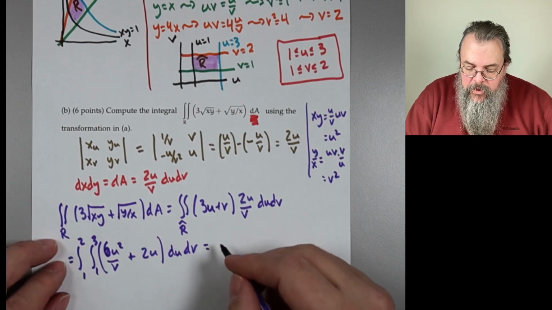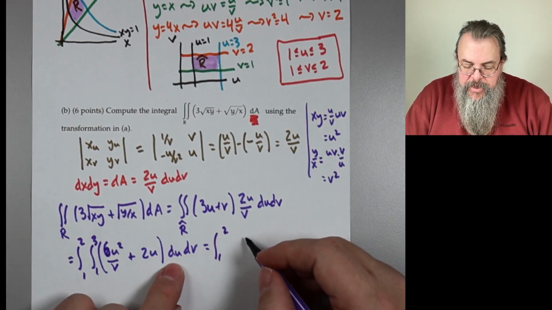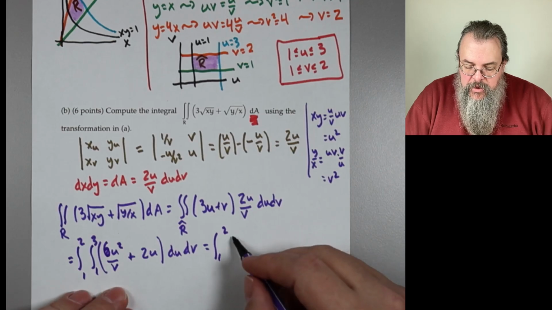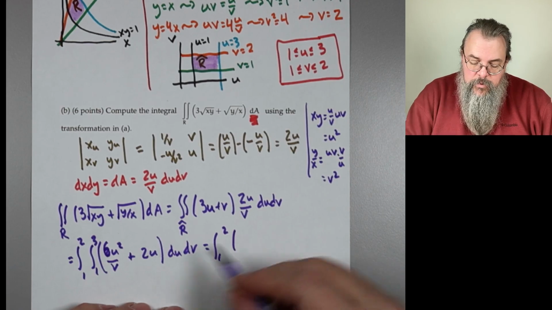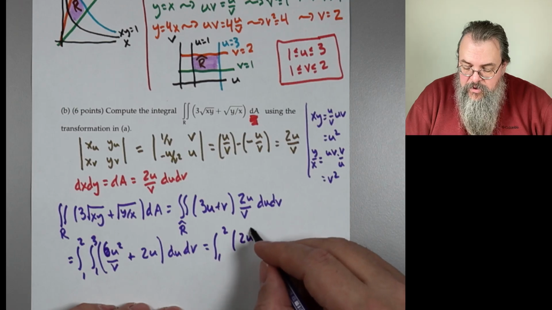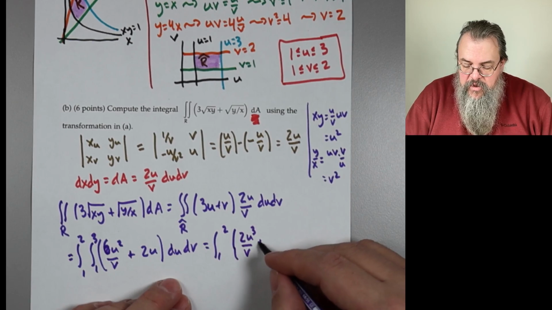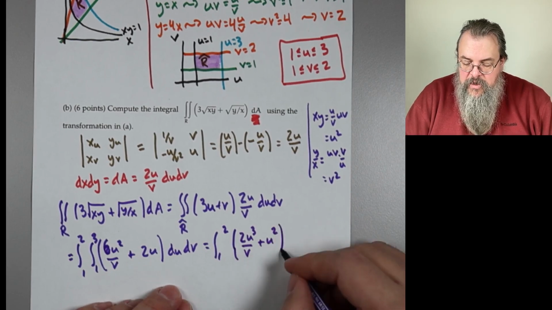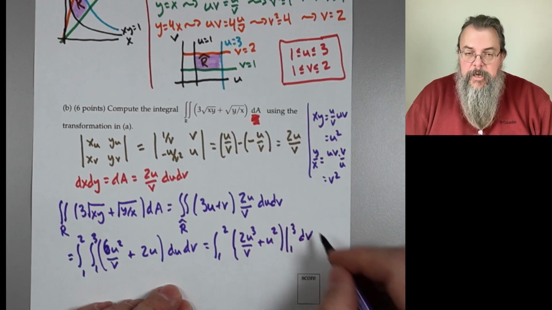So 1 to 2 of, when we integrate with respect to u, the integral of 6u squared will be u cubed, you divide by 3, so you get 2u cubed, divide by v, v is the constant at this stage, plus u squared. And we evaluate from 1 to 3, dv.